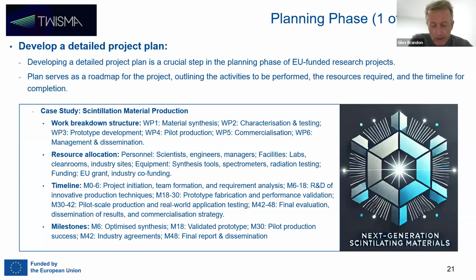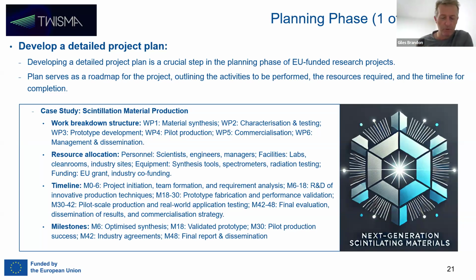So in the context of our case study, we may be saying, look, by month 6, this is when we aim to have the optimized synthesis, clearly documented and finalized. By month 18, we will have a validated prototype.